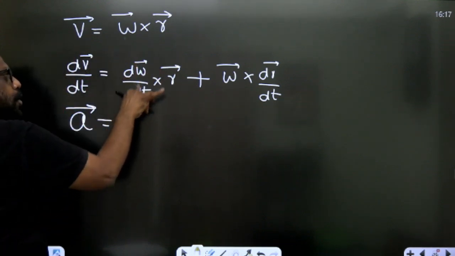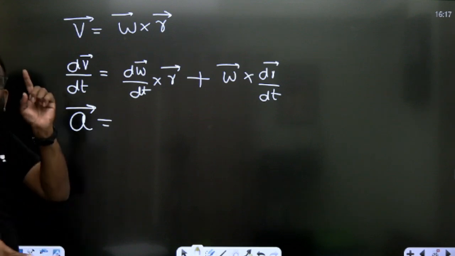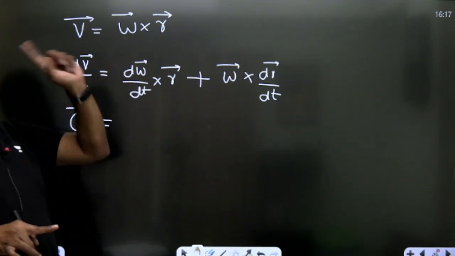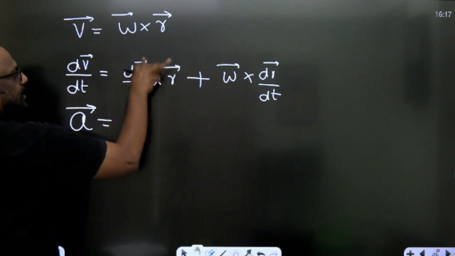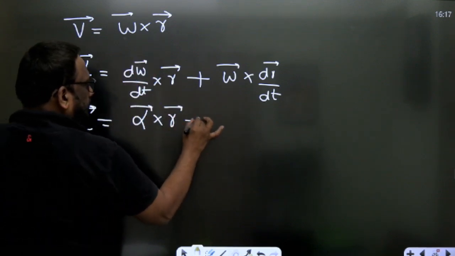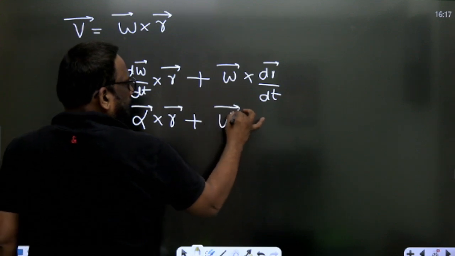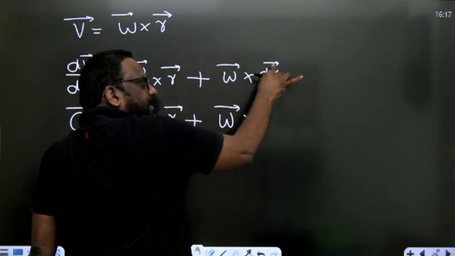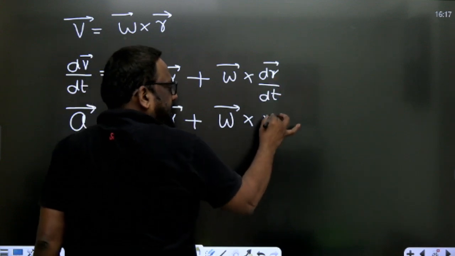And what is d omega by dt? Alpha. Rate of change of angular velocity is angular acceleration. So this is alpha cross r plus omega cross v. What is rate of change of position or displacement? It is the velocity. It is v.